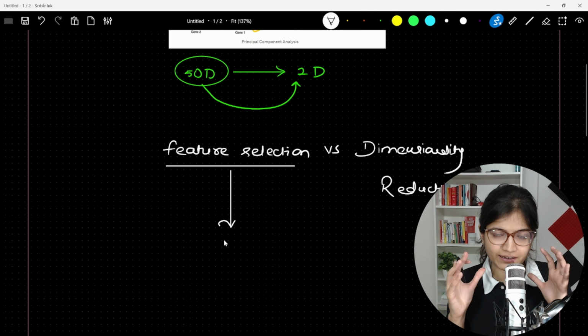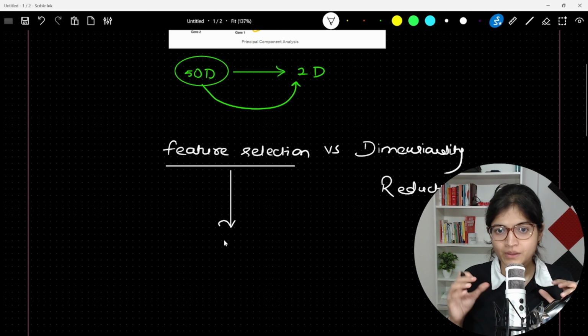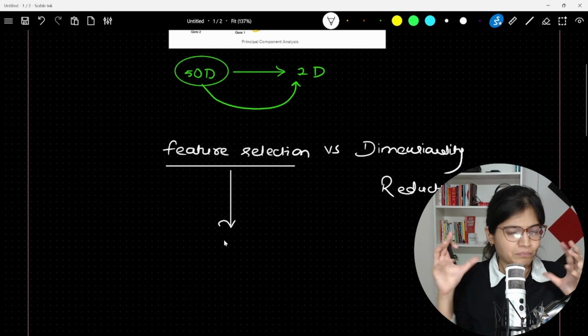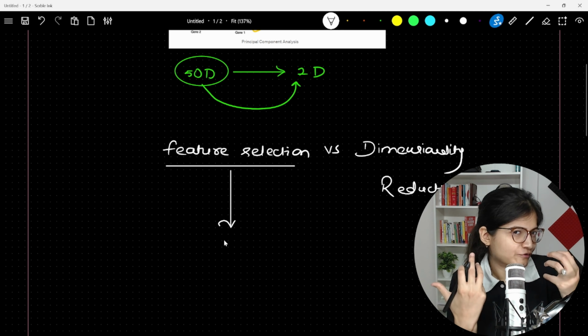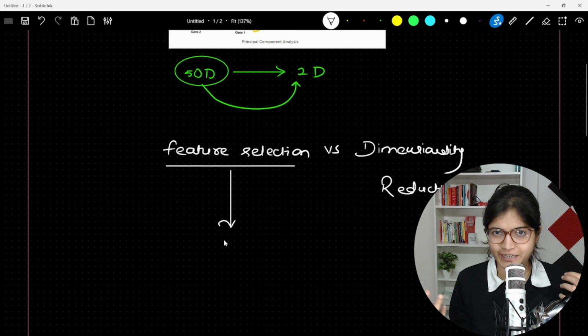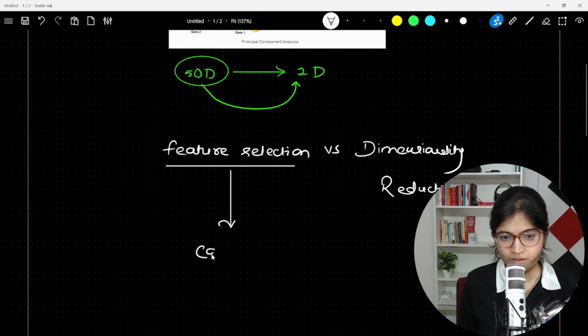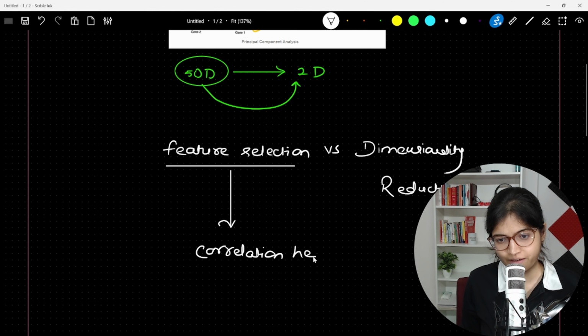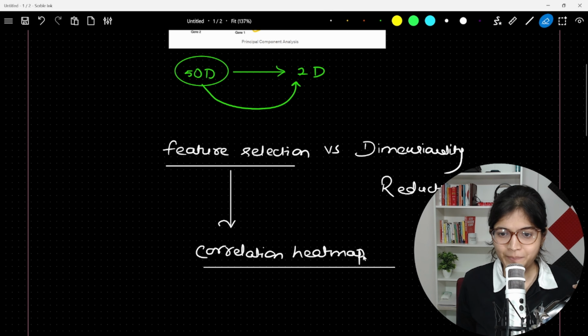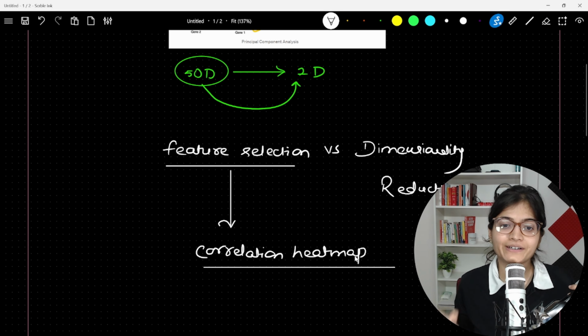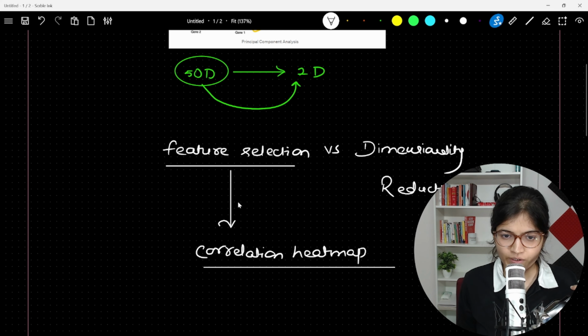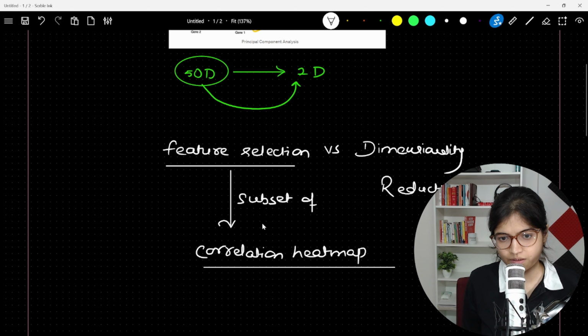Let's say that original data contains 100 features. Maybe we take out of them 50, 40, 30 by applying some techniques. For example, if you remember, the correlation heat map is one of the ways which we have understood in our previous discussions, which basically helps me to select the important features. So this is where we get a subset of the given features that we have.